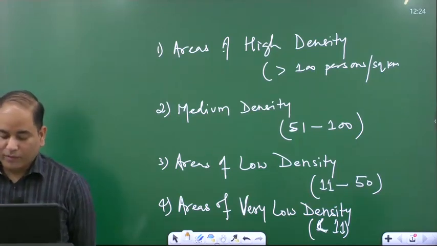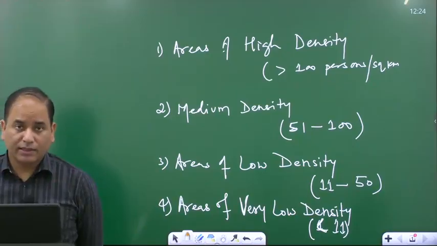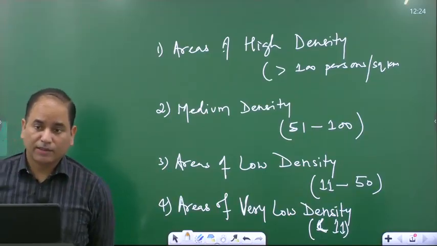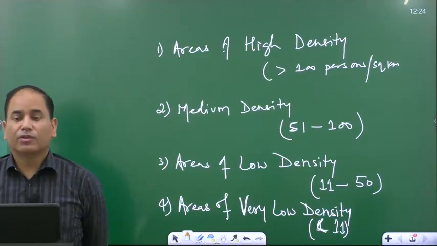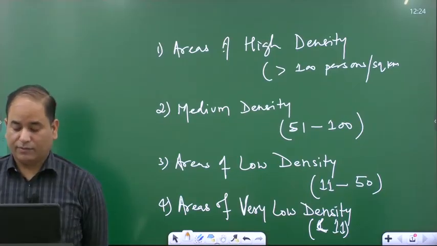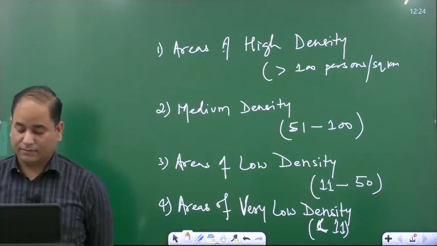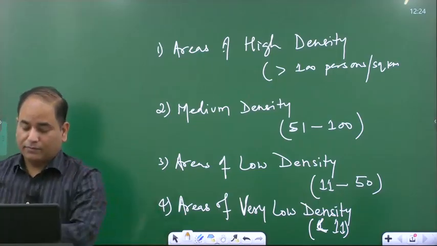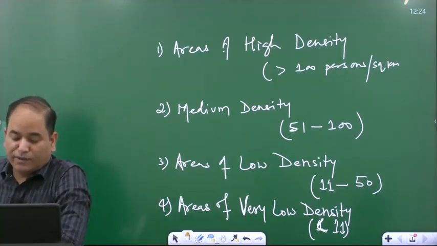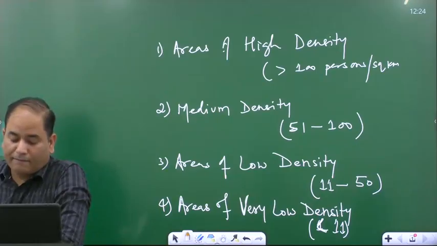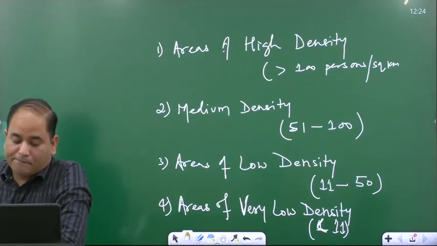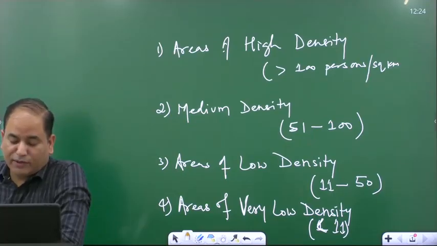Very low population density exists in most mountainous countries, in cold countries like Russia and Canada.